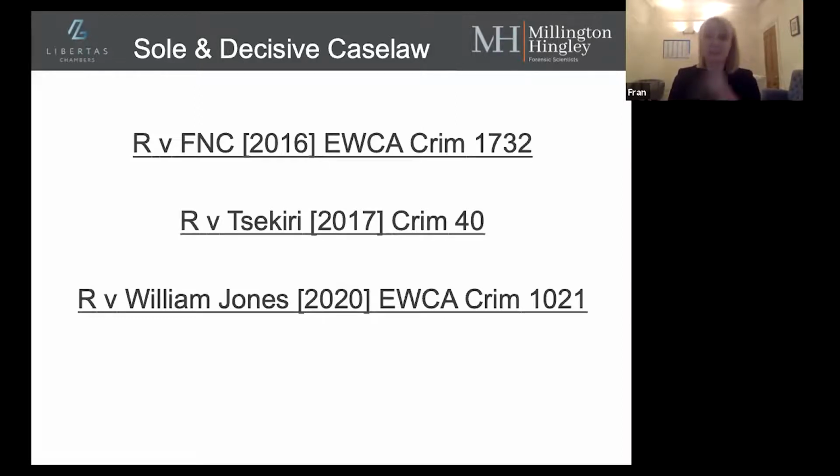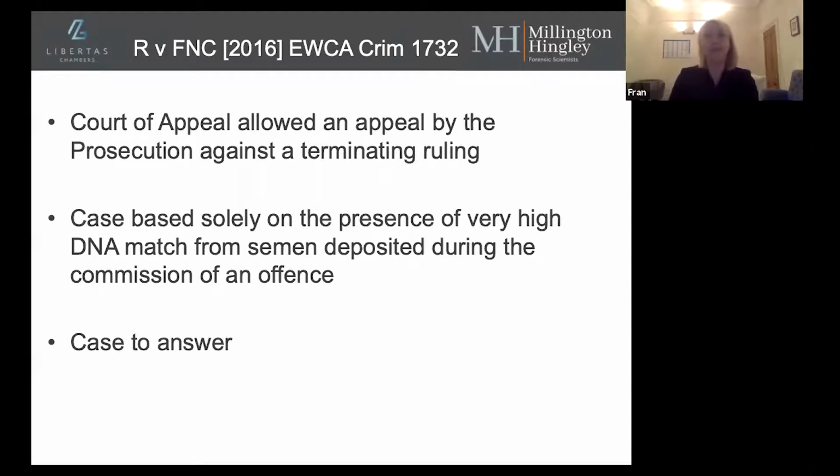These are the three main cases: F&C in 2016, Sakiri, which came a year later, and then William Jones, a very recent decision by the Court of Appeal, and a very helpful one when we're considering a movable item where DNA has been deposited on it, which is where we're focusing this talk tonight. Sakiri is considered to be the leading authority, and it has quite a helpful checklist in it as regards some of the issues that the court will need to consider.